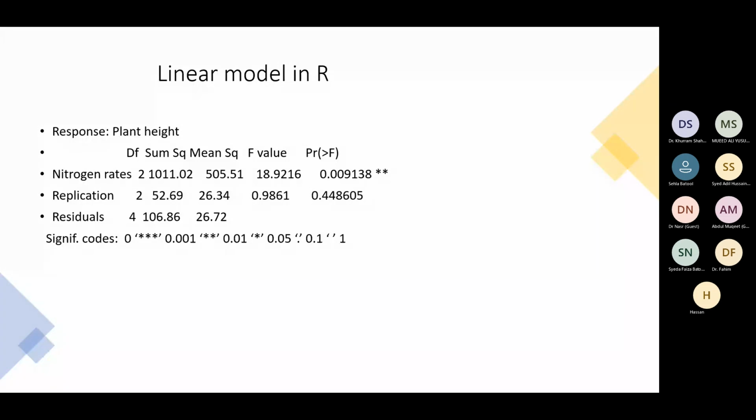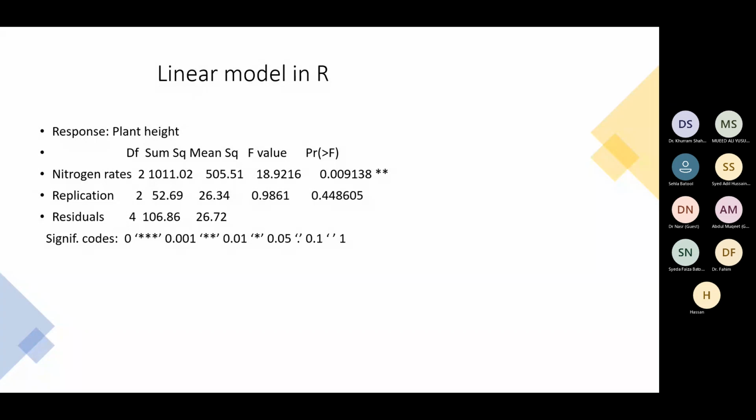But I clarify that the next step is multiple comparison. We want to see which nitrogen rate is in first position, which is second, and which is third. For this we do a multiple comparison test.